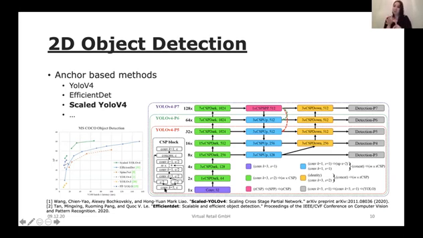So what's the CSP? It takes the feature map and splits the channels into two parts. In this case, it's half and half, and then it directly passes one part to the later stage, while the other half goes through the convolution block. Different from the compound scaling, they actually stack modules on top to get a larger model to achieve better performance.